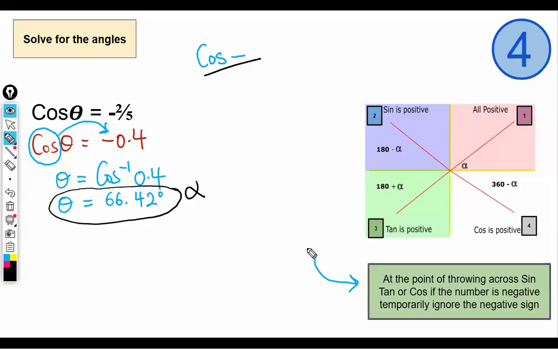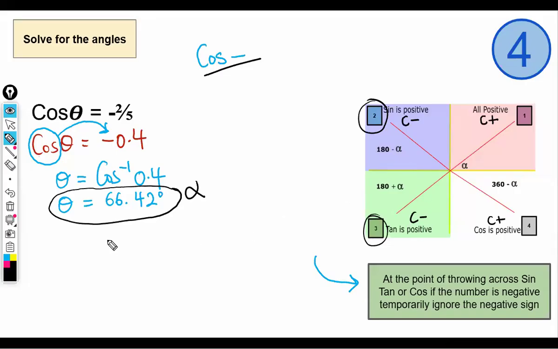You can't ignore the negative forever. So the best way to do it is, well, we know cosine is positive in region 1 and region 4, right? So that means by default, it will be negative in the other 2 regions, region 2 and region 3.